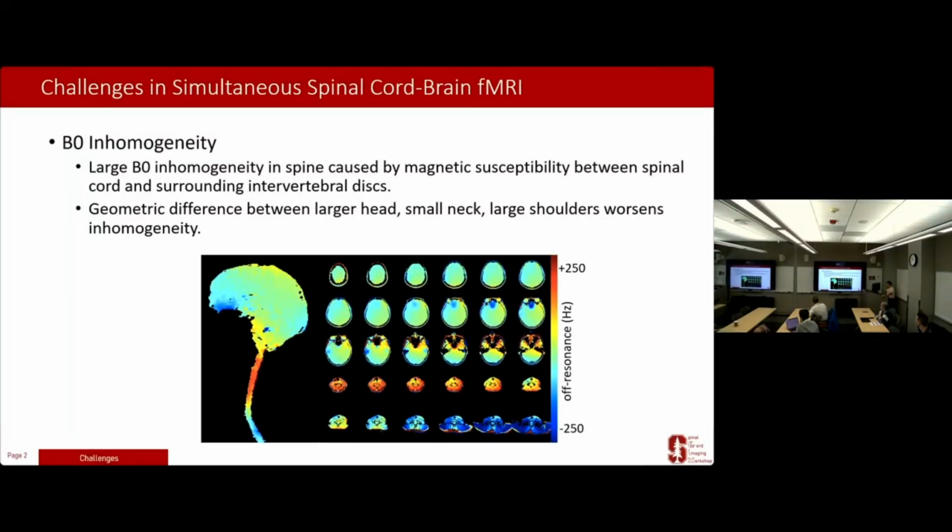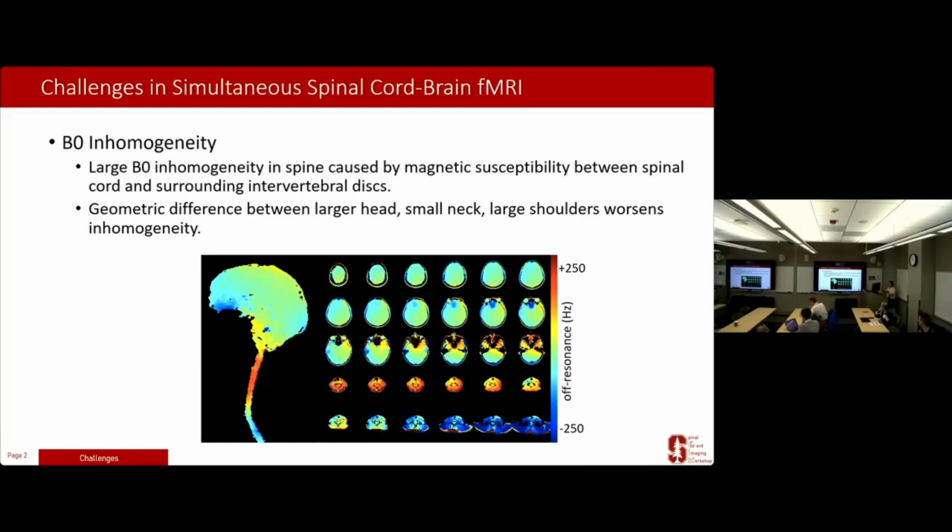So, simultaneous brain and spinal cord acquisition. There are lots of challenges, so we'll talk about the challenges first. The first and foremost challenge is field inhomogeneity. Magnetic susceptibility difference between the spinal cord and the surrounding tissue makes T2 star images suffer from signal loss and distortion. Geometric differences between the head, the neck, and the shoulder make inhomogeneity worse.